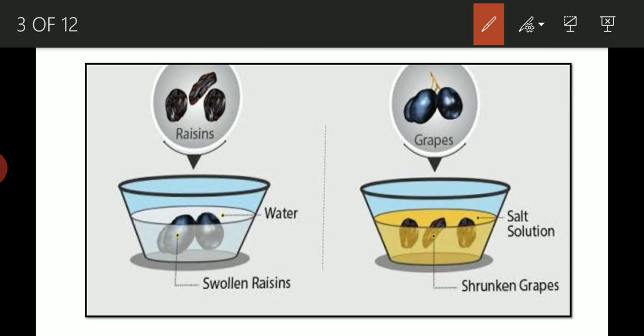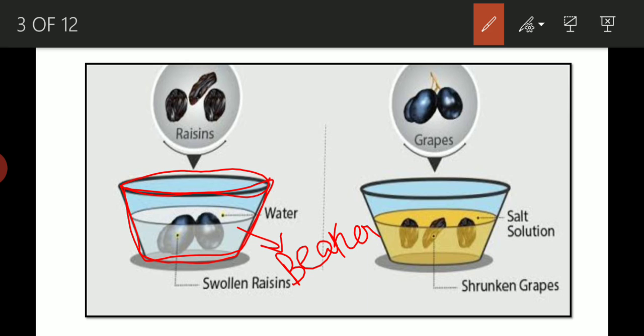Why? Basically, when you have kept these raisins inside the beaker containing water, water is present more in the beaker or the bowl. It is present more in the bowl than inside the raisin.